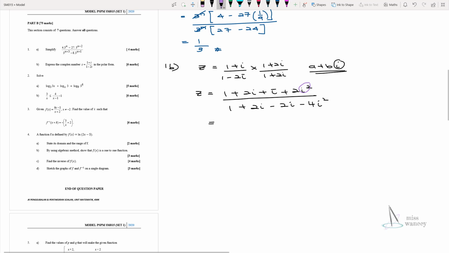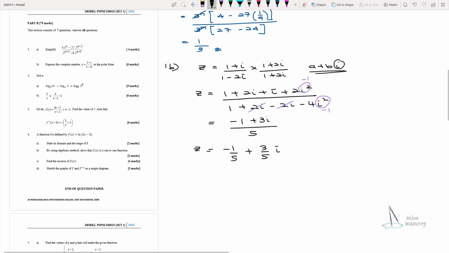So this is equal to negative 1. This is also equal to negative 1. And I can cancel out these two. So what do I have left? Is 1 minus 2, which is negative 1, plus 3i over 1 plus 4, which is 5.